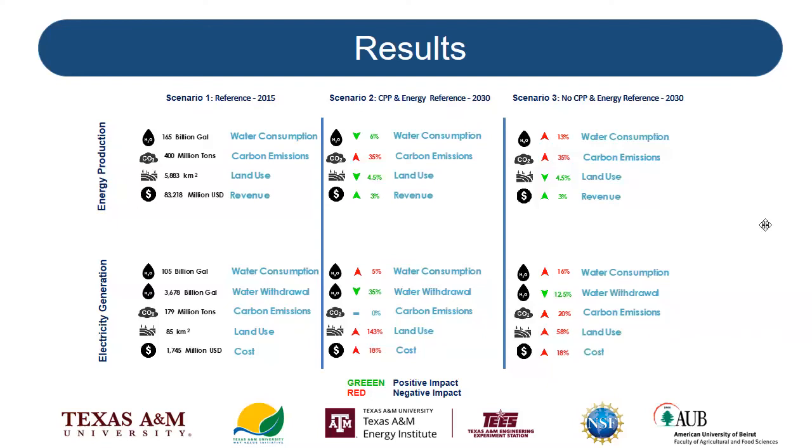The second scenario represents the Clean Power Plan, which is a policy currently enacted or soon to be removed, a policy to mitigate carbon emissions in power generation, and also the scenario includes a strong water use policy in energy production. The third scenario is a scenario which depicts the absence of the Clean Power Plan and also a weak water use policy in energy production.